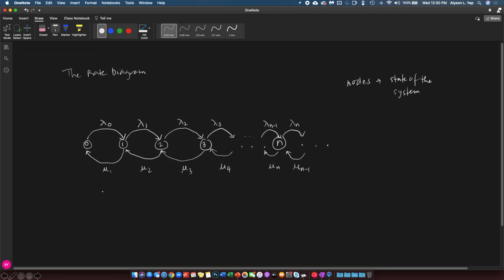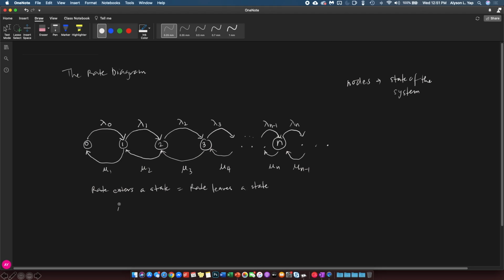Now, according to the rate in, rate out principle, the rate at which the system enters a state equals the rate at which the system leaves a state. Okay? So for example, for node 0, the rate at which the system enters the state is this particular movement, entering node 0.